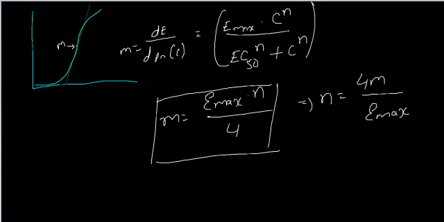We are going to find C0, the concentration at this time point when E is equal to 0. This point is the concentration when the effect is 0, right? So we're going to find out the effect.